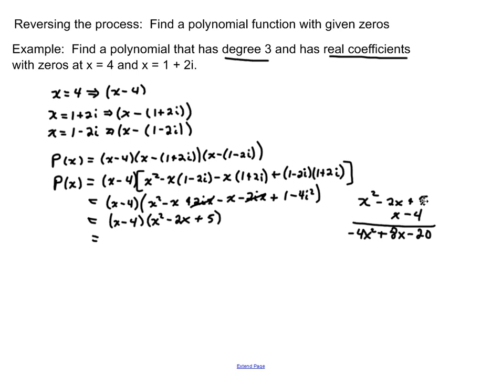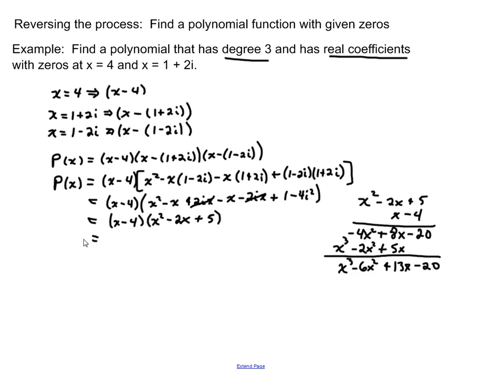Going with our x's, we're going to have plus 5x. We're going to have negative 2x times x, that's minus 2x squared. And x squared times x gives us x cubed. So when we add these together, we've got x cubed minus 6x squared plus 13x minus 20.